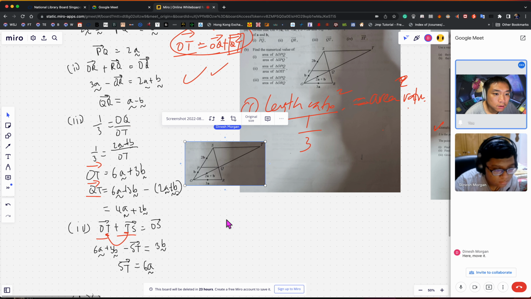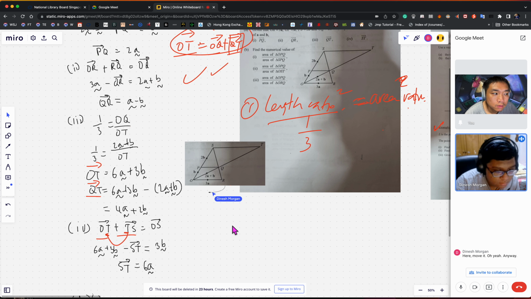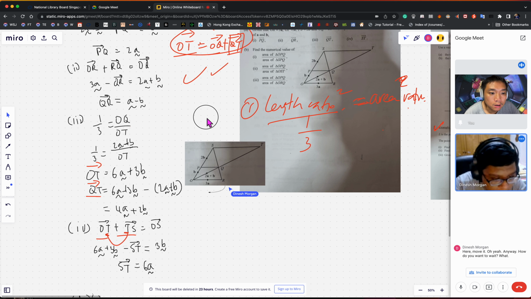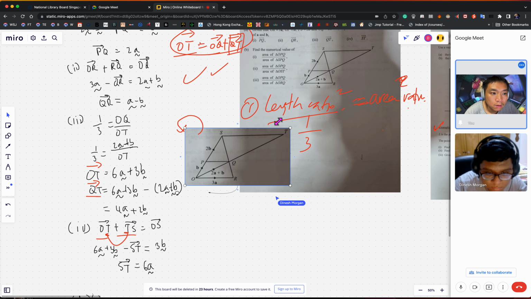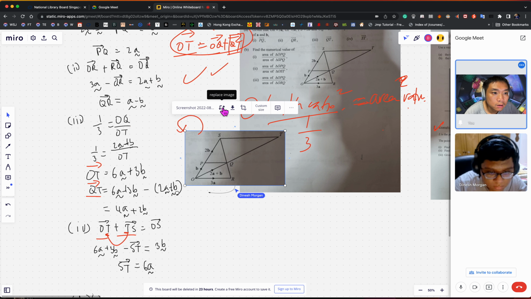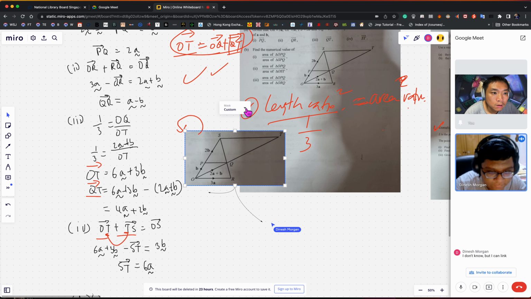Oh, yeah. Can you help me out if you know how to do it? I want it to be like this. Rotate it. No, resizing. I don't know, but I can link stuff to it.